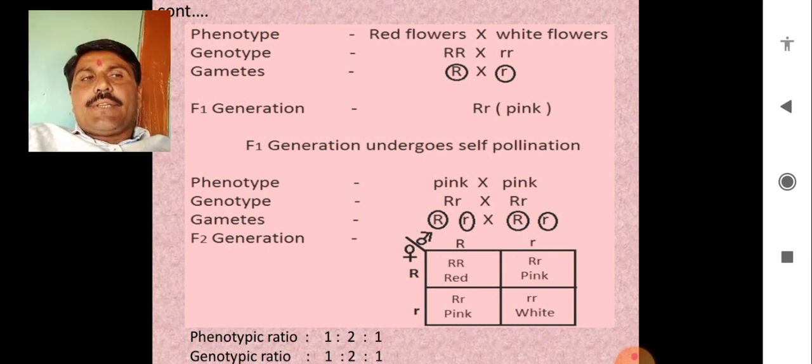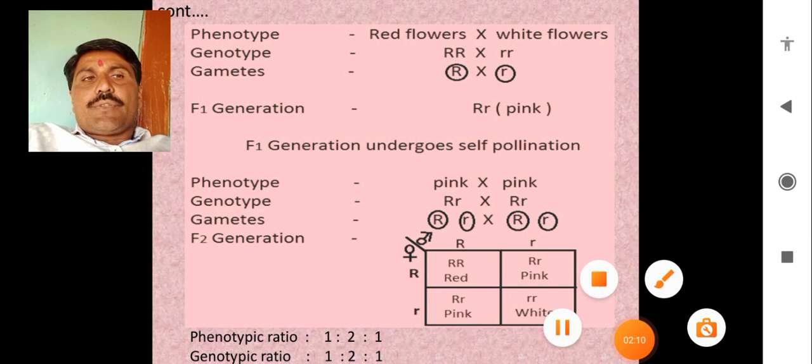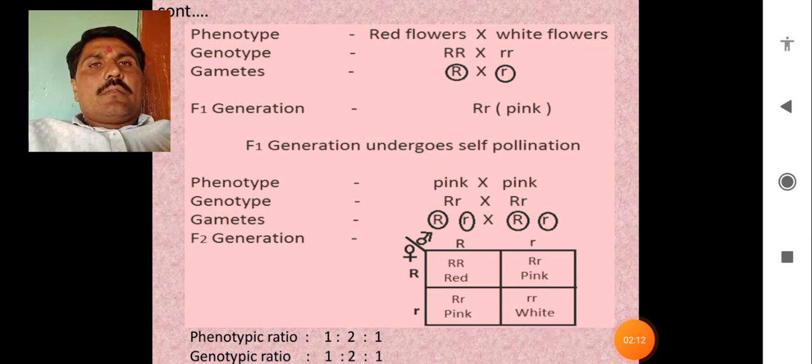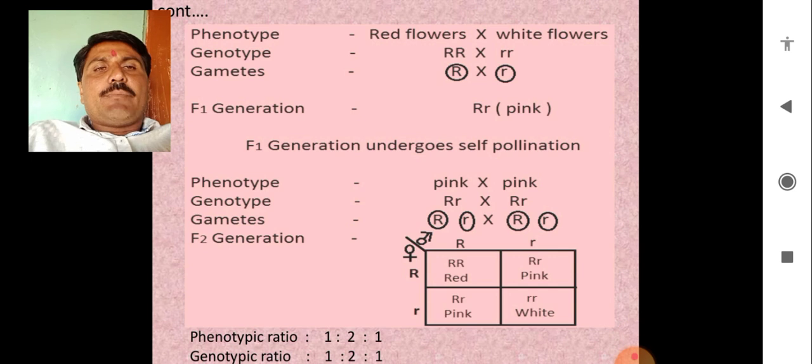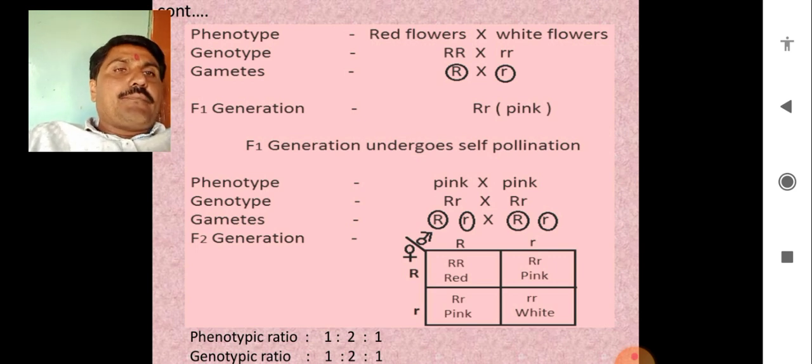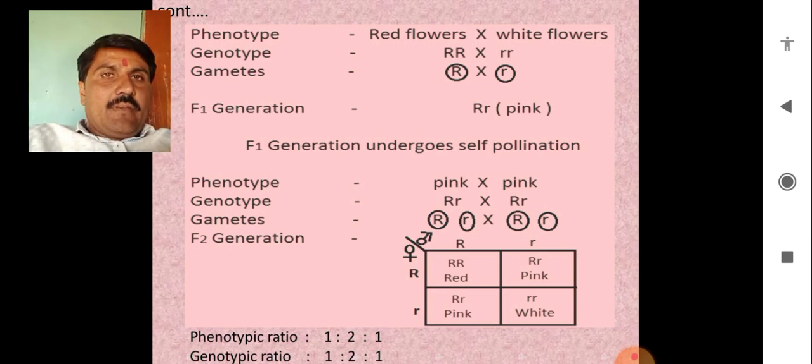That is why the ratio was 1 is to 2 is to 1. So this was regarding incomplete dominance, that it got the phenotypic ratio and genotypic ratio, that is 1 is to 2 is to 1, that is, both genotype as well as phenotype are equal in the case of allelic interaction in incomplete dominance.